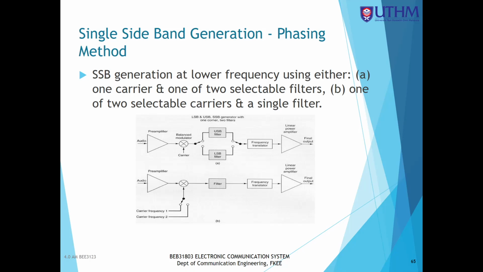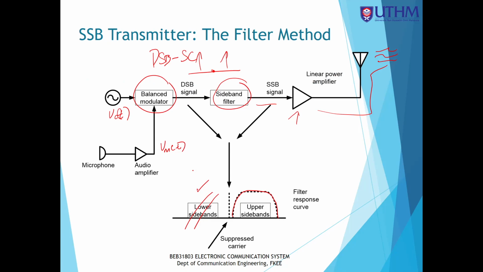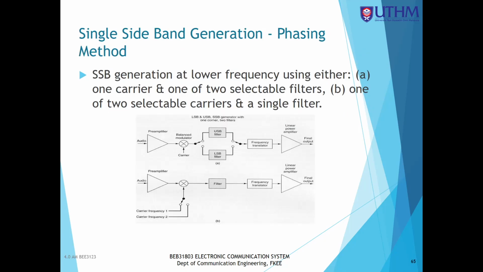Okay, so this is using different kinds of filters. We have the upper sideband filter and also the lower sideband filter. This is quite similar to the previous picture. Picture A has the VMT and the VCT, and they go to the balance modulator.